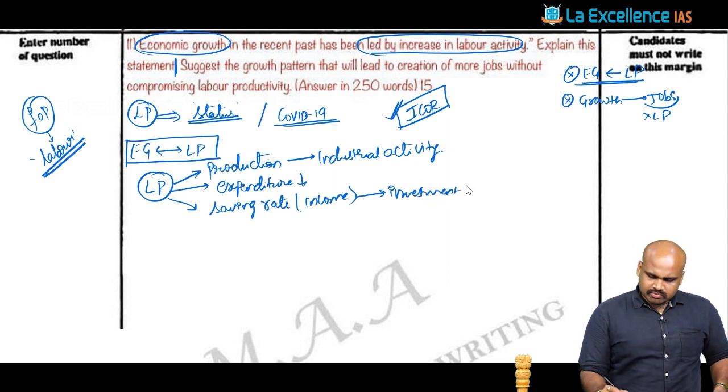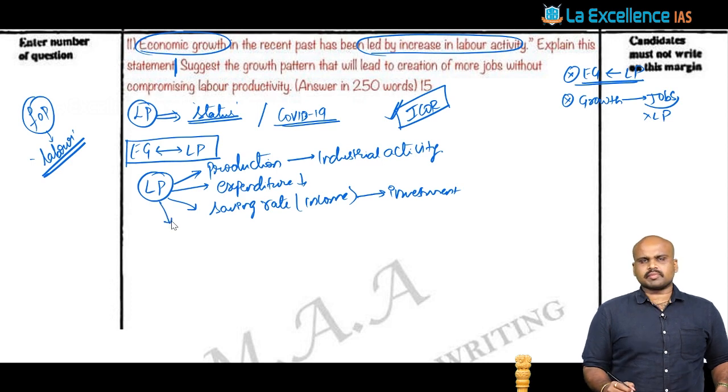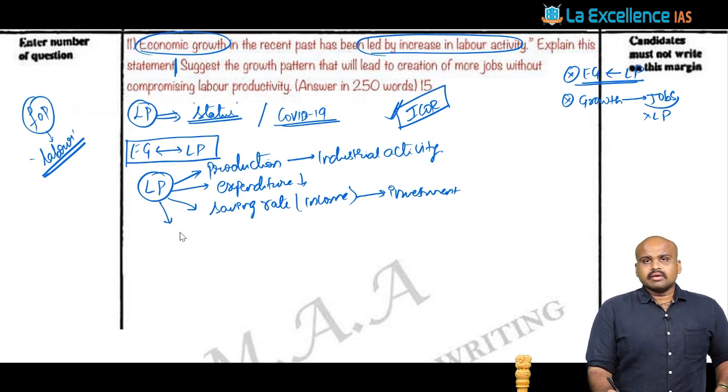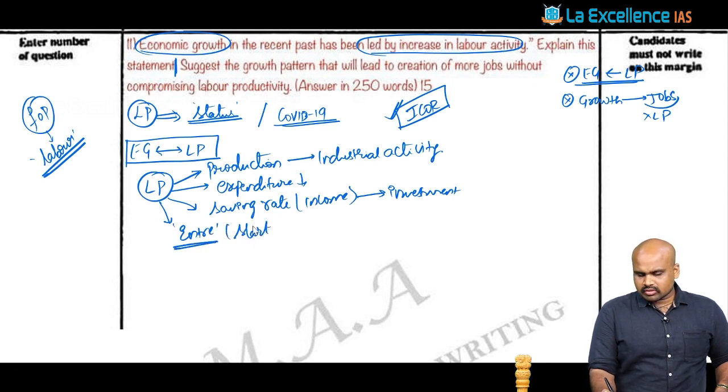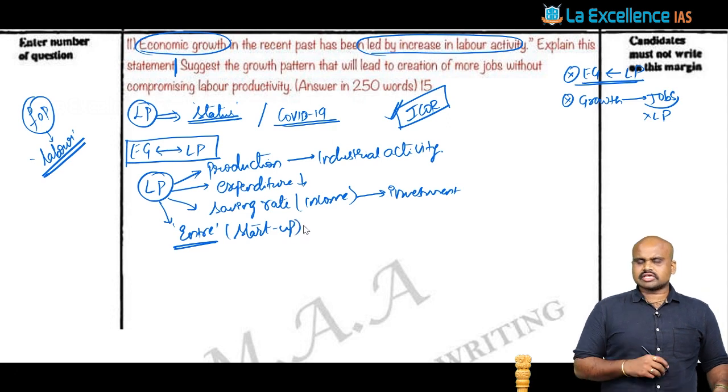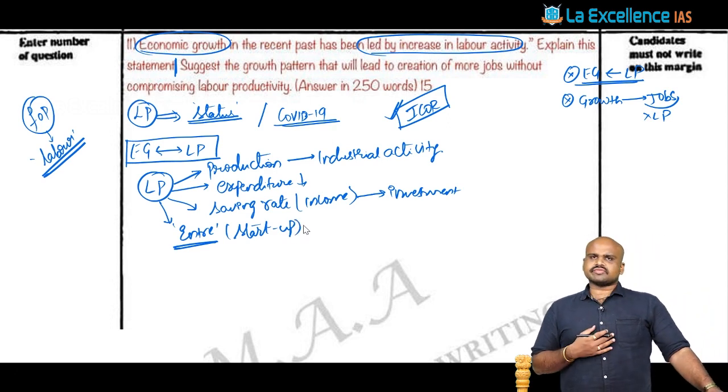Then apart from that, we can also talk about labor productivity being a multiplier for entrepreneurial skills. And you can also talk about the employment generation that can happen with the enhancement of startups.